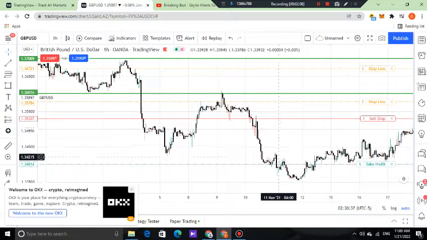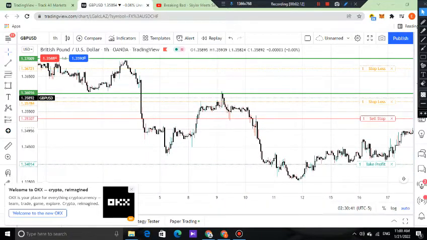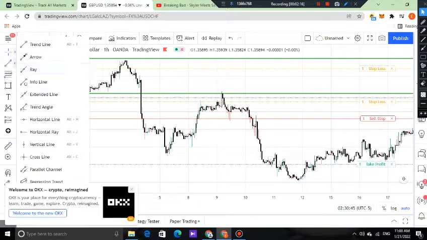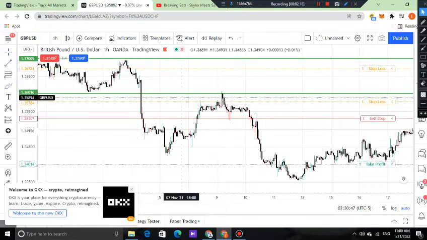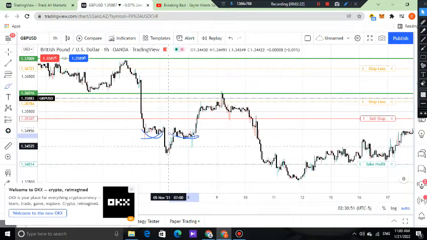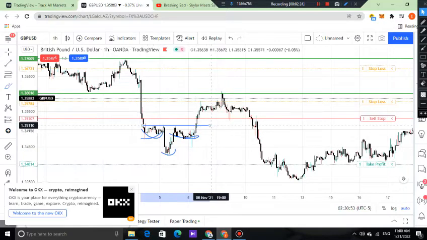This one clearly we see a head and shoulders. Let's draw it. Okay, this left shoulder, right shoulder, and head, this neckline.